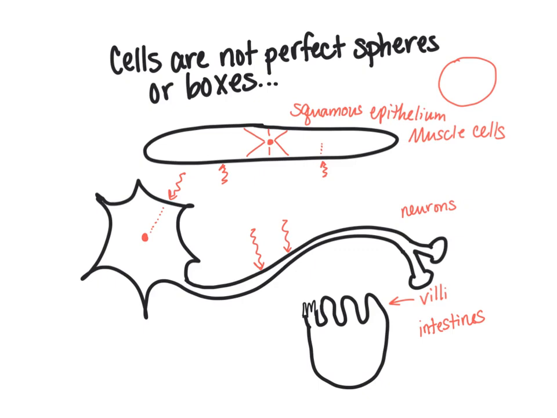And so by having this kind of long, skinny shape with these cellular extensions, it can increase its surface area without having the same amount of volume increase. Same thing with these kind of intestinal cells that I introduced down here. The cells can increase their surface area without increasing their volume at the same rate that they would if they were perfectly spherical or cubical.